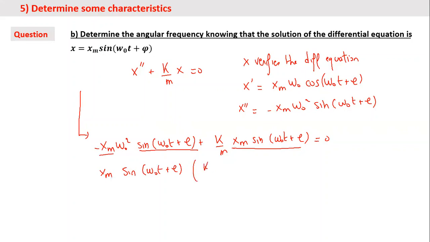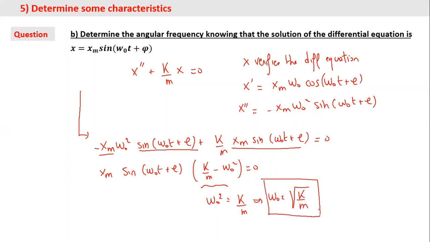We still have k over m minus omega 0 squared equal to 0, which means here that omega 0 squared is equal to k over m. This means omega 0 equals radical k over m. So we'll get the same answer, but here, if the question was to find omega 0, we know that we have the solution.